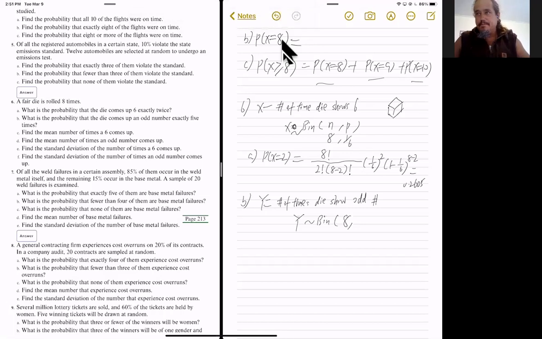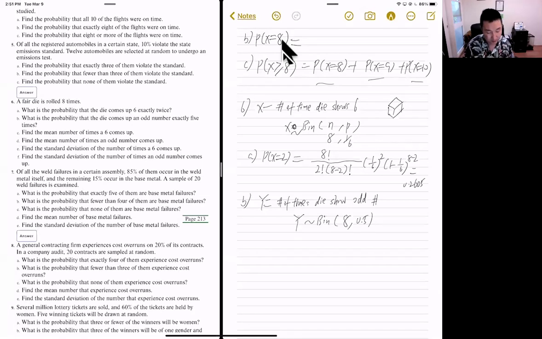Correct? 1/2, because we have 1, 2, 3, 4, 5, 6, so 6 faces, and 3 of the 6 faces are odd numbers, which is 1, 3, and 5. So the chance they show an odd number is 0.5. So 0.5 is the P here.